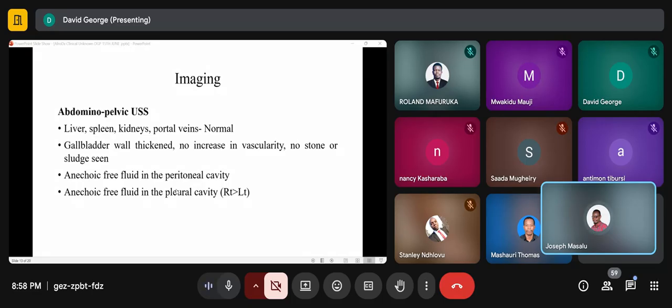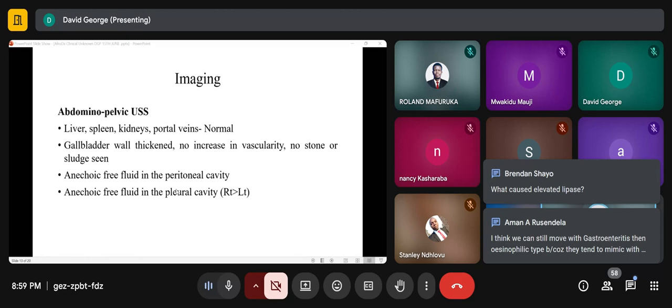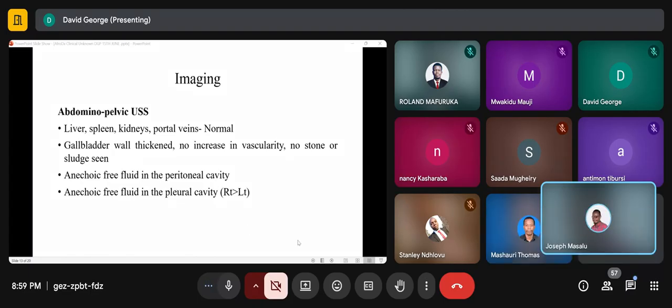There is no SAG, but still it will not hinder us from progressing in this case. So we are dealing with inflammation of the peritoneum with the evidence we have, and we have ruled out the cause, the thing that can inflict the liver and present with such a picture.